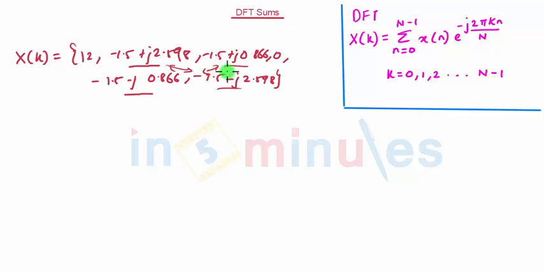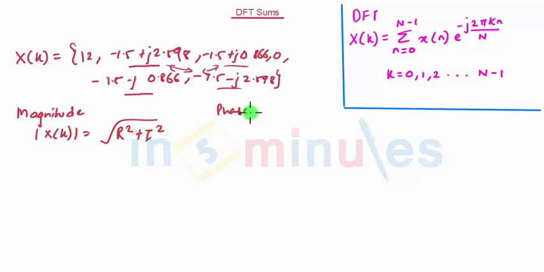So it can be a method to check the answer. The magnitude is given by mod of X of k, that is the square root of the real part squared plus imaginary part squared. And for the phase, that is the angle of X of k, it is given as tan inverse of imaginary part upon real part. So we'll solve accordingly for the values of k.